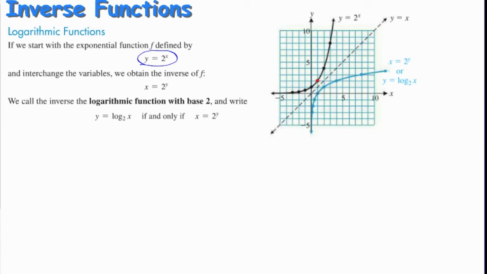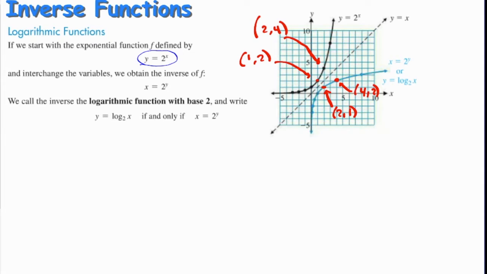If you take the point (1, 2), and you switch the x and the y, you get (2, 1), and we see it plots on the other side. If I take 2 and plug it into the exponential, I get 4 as the y, but if I switch those values, (4, 2), 1, 2, 3, 4, 2 up, we get this point.